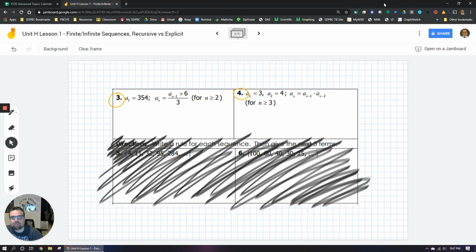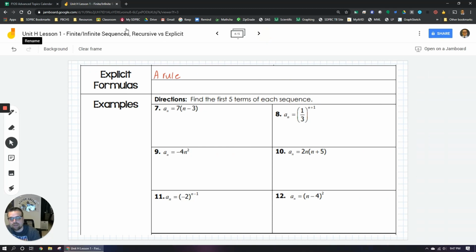Let me switch to the next screen too. Sorry. It's a rule in a sequence where the nth term is defined as a function of n.